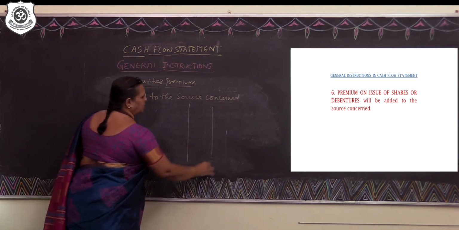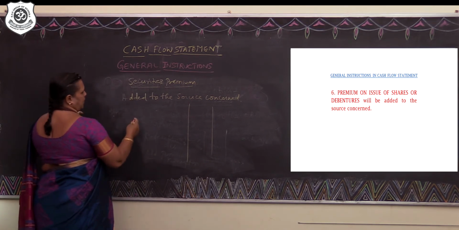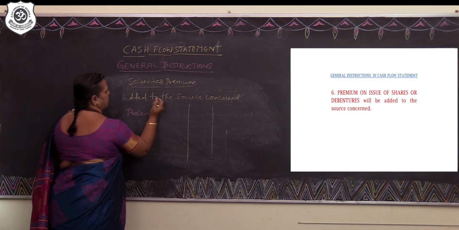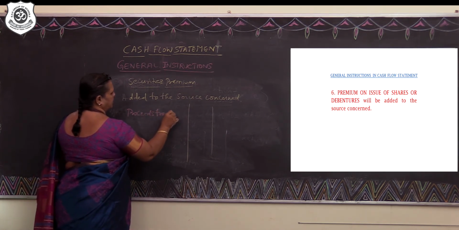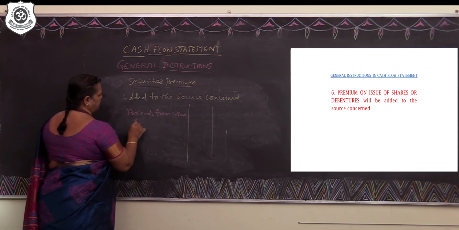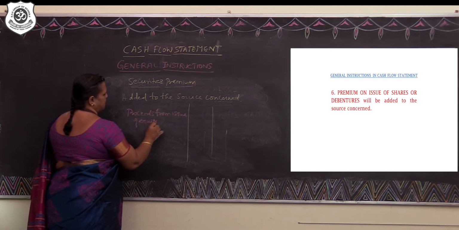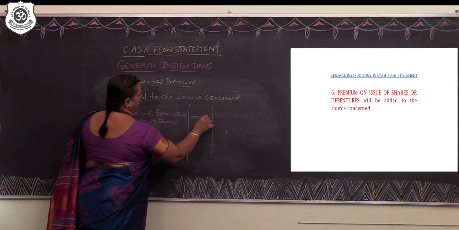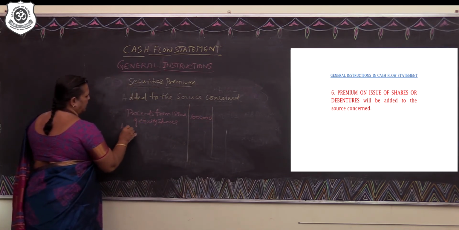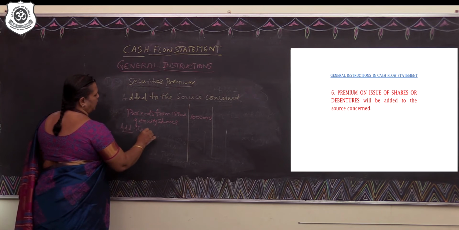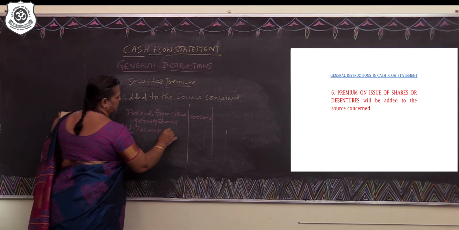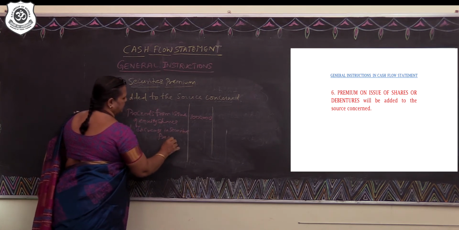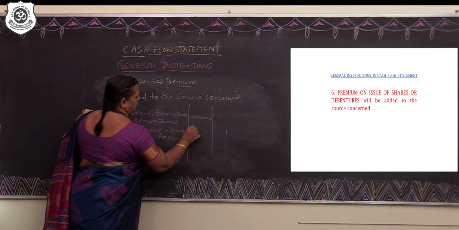So, when you are preparing the cash flow statement, proceeds from issue of equity shares, say 10 lakh rupees, and increase in securities premium, say 1 lakh rupees.